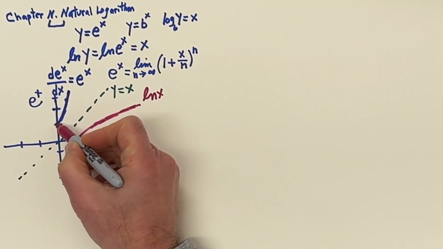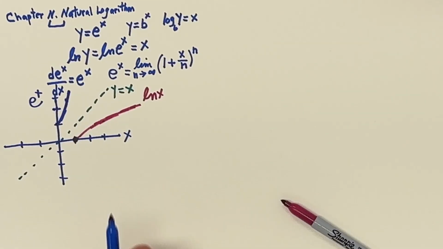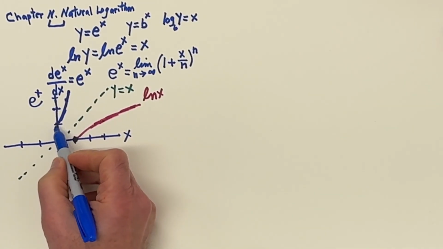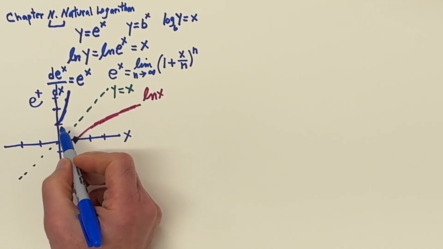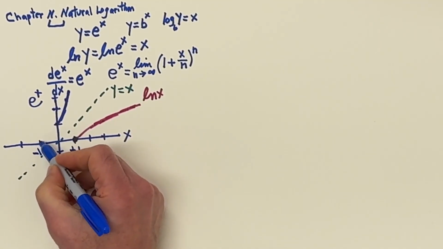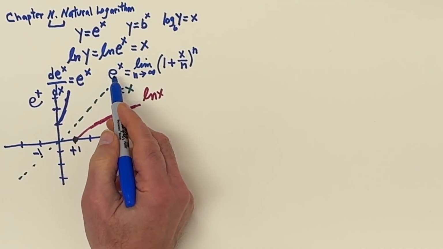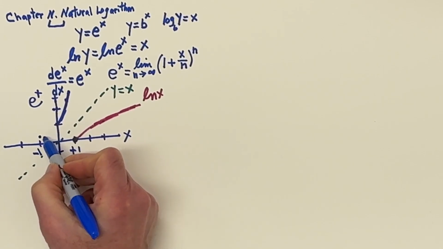And then here, when you have a negative value for x, this starts heading toward 0 as you get larger and larger. And if you had -1, say here's -1, you'd have 1 over e. e is almost like 3, so that's like 1/3. That would be about there.